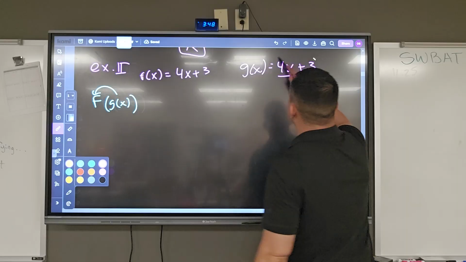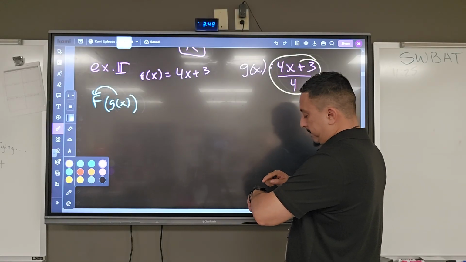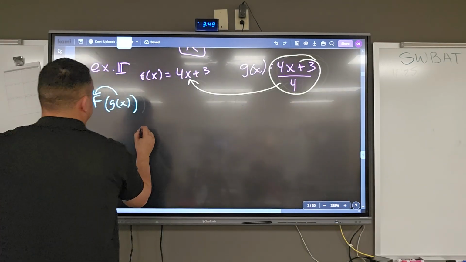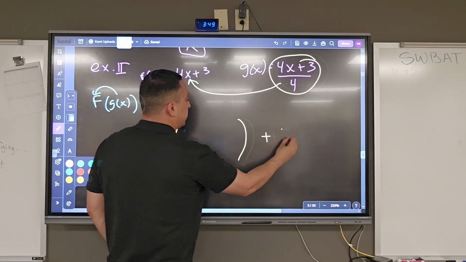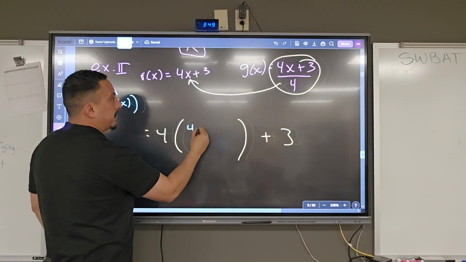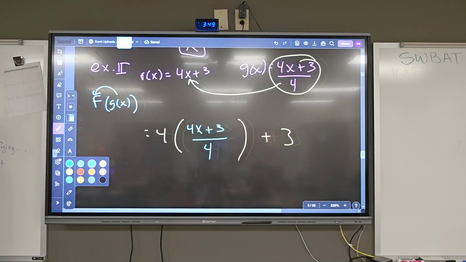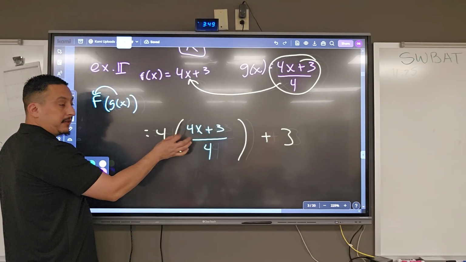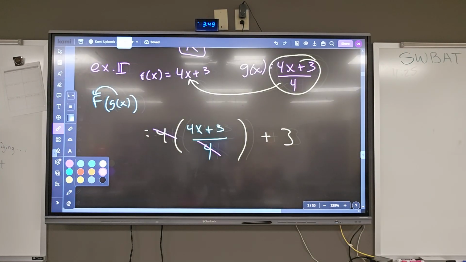So this goes in there, right? Here's how it would look: 4 times something plus 3. That something is 4x plus 3 over 4. That's the plugging part. After that, that's dividing by 4, that's multiplying by 4, so they just cancel each other out.